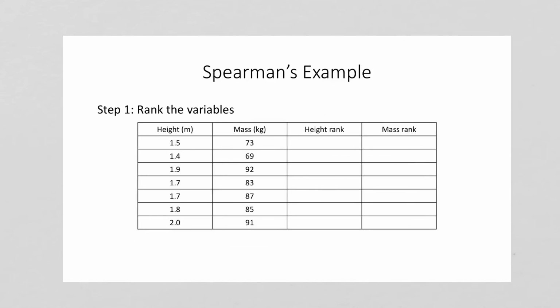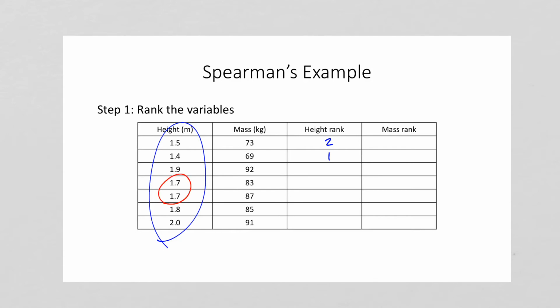First thing we're going to do is rank the variables. To start with, we're going to ignore the mass completely and just focus on the height, and rank these from smallest to largest. My smallest one is 1.4, so that will have a height rank of 1, then 1.5, and then I run into two that are exactly the same. I've got 1.7 and 1.7.